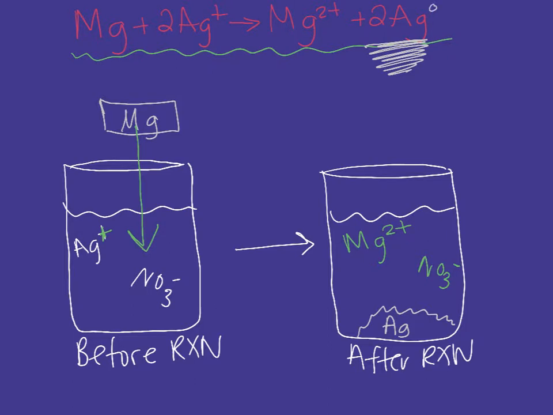This is silver 0. That's no longer going to be soluble in water, and therefore it's going to precipitate out. It'll be some sort of chunky solid or powder or something like that, but it'll be a solid sitting at the bottom. And then this is what your beaker diagram looks like. And that is the final step in completing single replacement reactions.